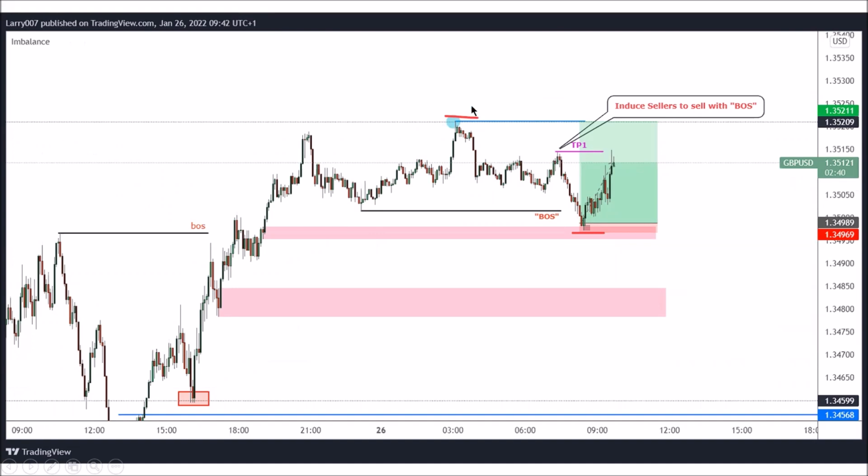Their new range would be from here to here. And most people will try to sell this order block because it is the one that broke the structure, etc. And it took liquidity and all this. So people will try to sell from here. Therefore, my new target is this liquidity, TP1. Now I'm looking to buy because all people want to sell.